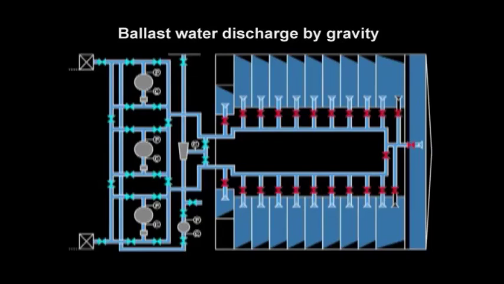Next, let's see the steps for ballast water discharge by gravity. Operate valves to put the line up in the proper order, bypassing the ballast pump.